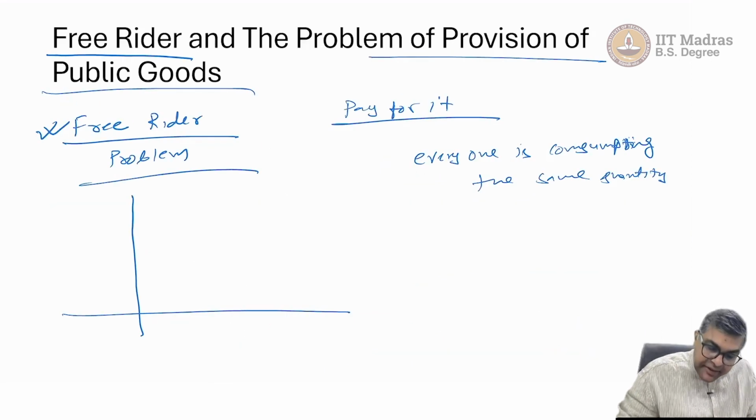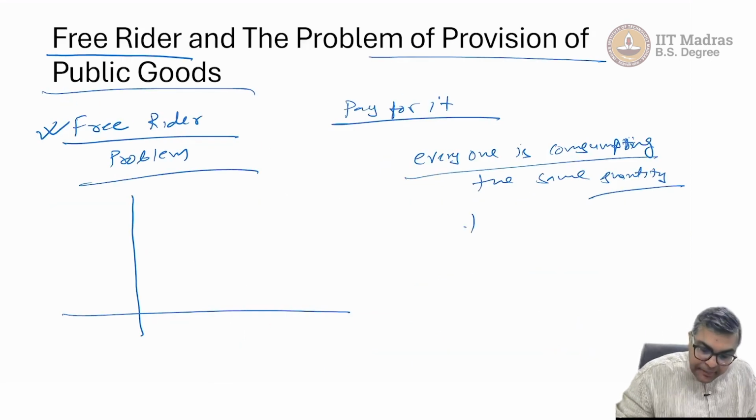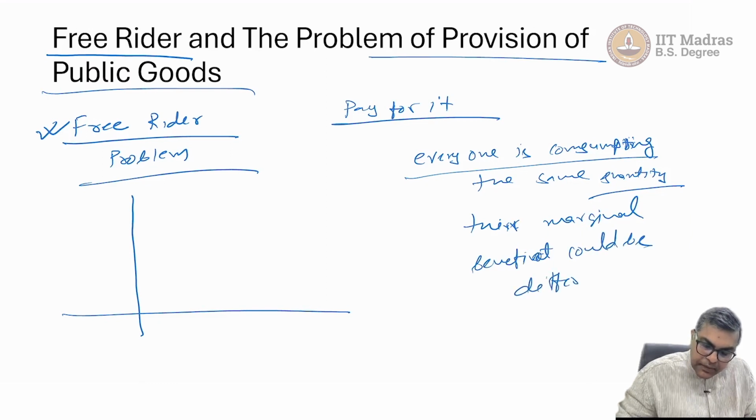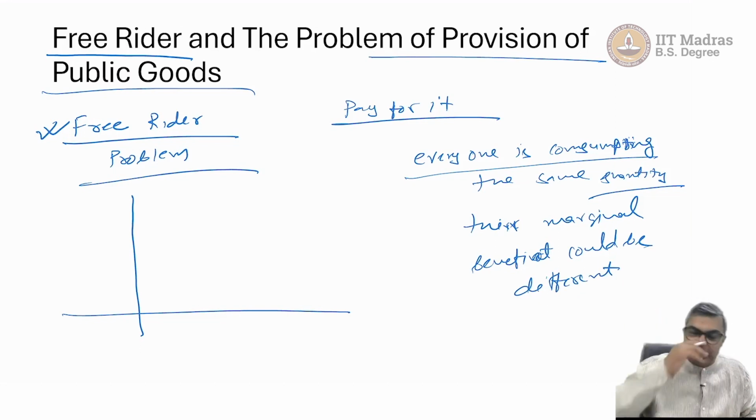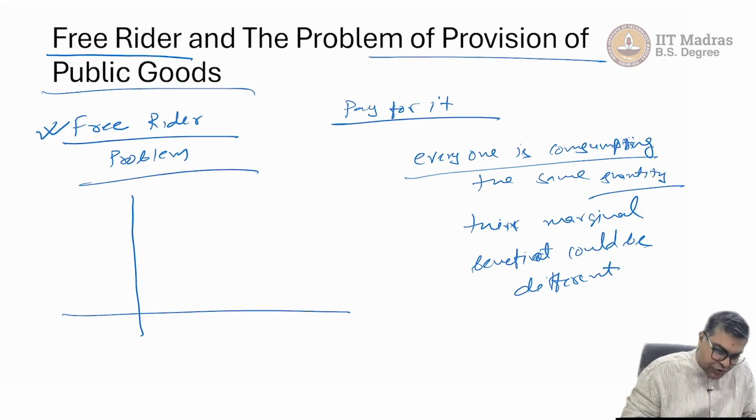Here everyone is consuming the same quantity, but their marginal benefit could be different. So, if we want the provision for it, we should add up each person's marginal benefit and equate it to the marginal cost. So, not only do we have P and Q, we also have marginal benefit and Q in the demand curve. If we add up the marginal benefit for the same quantity, the summation has to be vertical in nature.